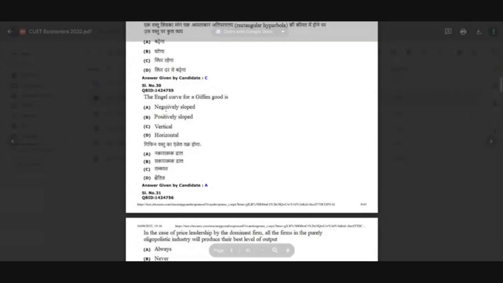Now see, here we get a question on the Engel curve for a given good. Yesterday we discussed the different types of curves that we are going to study, the income curve, or you can say the price curve.